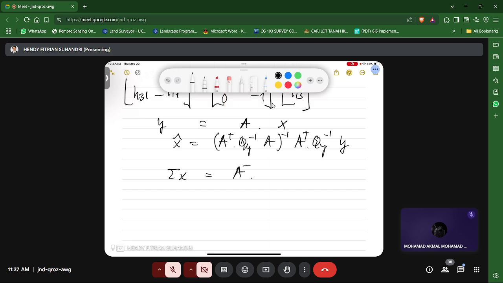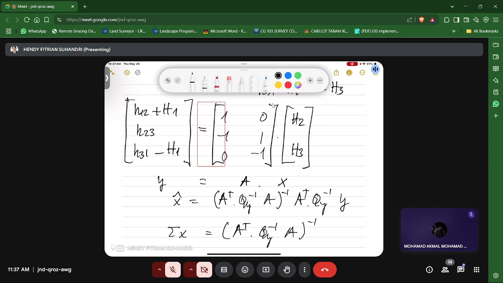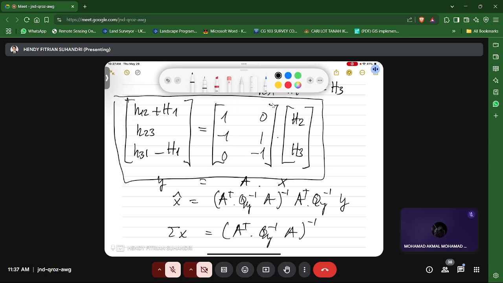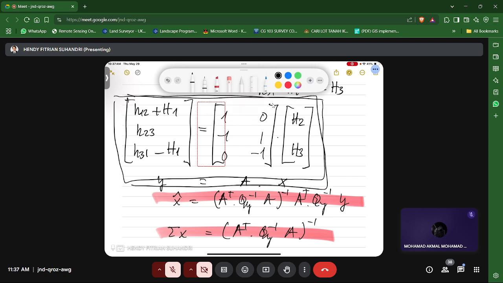A transpose QY A, inverse. Ini nanti sebetulnya yang dicari pada leveling. Apa tu? Ini adalah sigma untuk H2 dan H3. Tapi ini belum lagi. Ini belum belajar lagi. Untuk sekarang saya hanya nak nampakkan ini adalah persamaan yang linear. So, forget ni dulu. Saya akan teruskan proceed yang ada di sini, yang dalam kotak ni, okay?